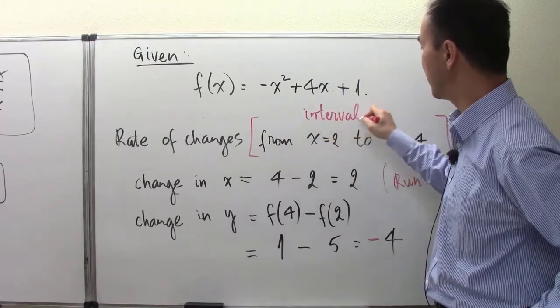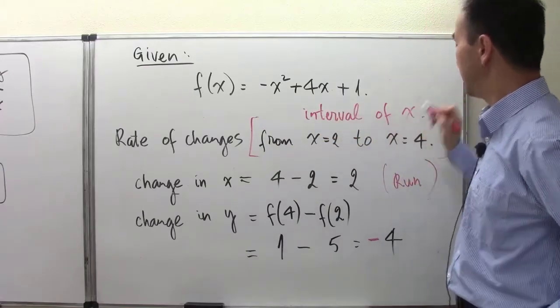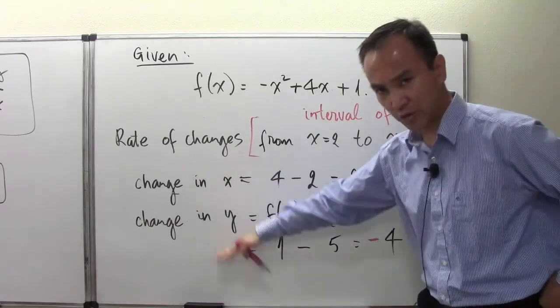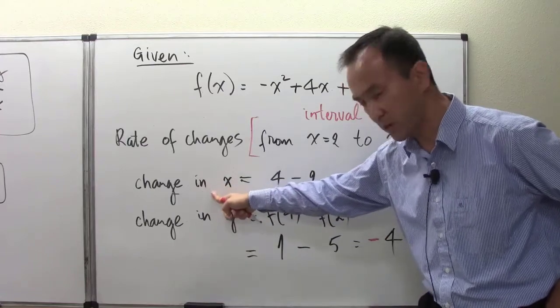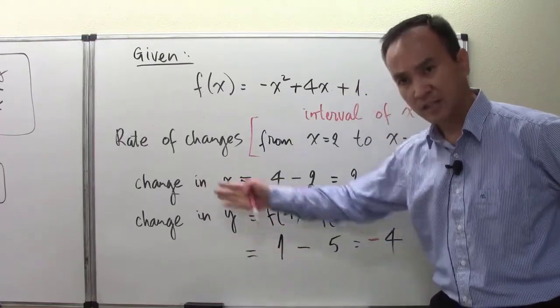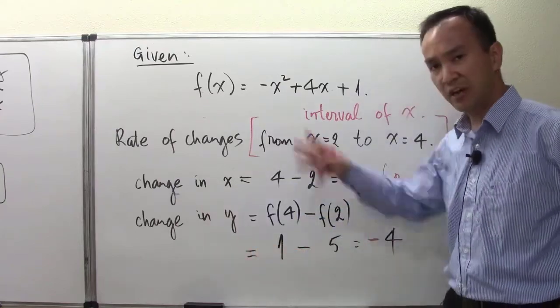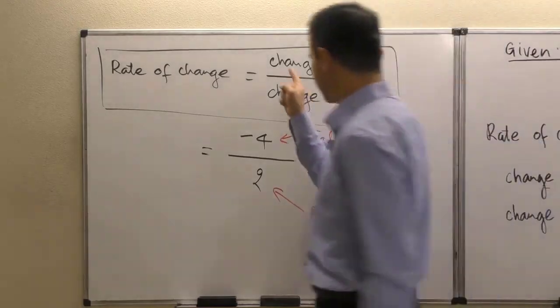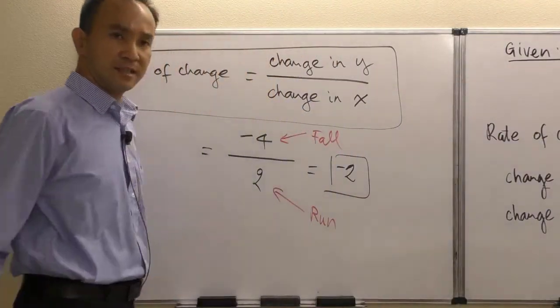We always have an interval of x values, and then the actual work to calculate is here. We calculate the change in x, and then we calculate the change in y. Two separate works. And then in the end, we put that in that ratio you have seen on the other board: the change in y over the change in x.